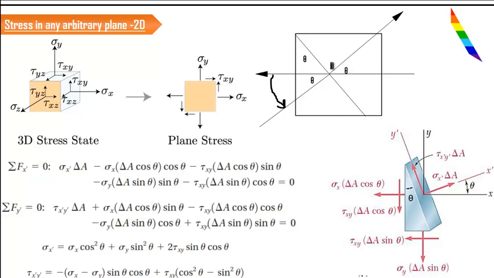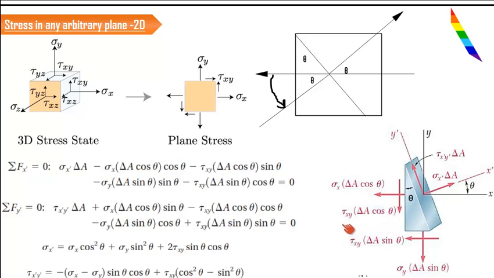So if this is theta, this value will also be theta, alternate angles, right? Opposite angles. So when you resolve the sigma x delta a cos theta into this direction, x dash direction, it is going to be sigma x delta a cos theta into cos theta. You are resolving into this direction and theta is made with the adjacent.